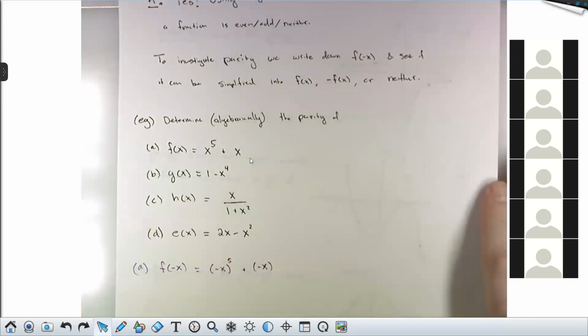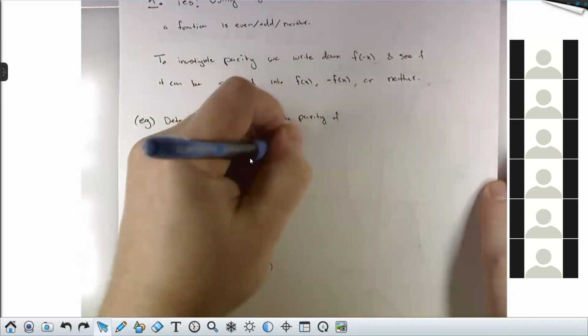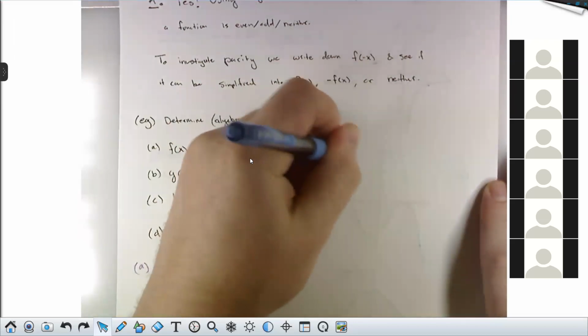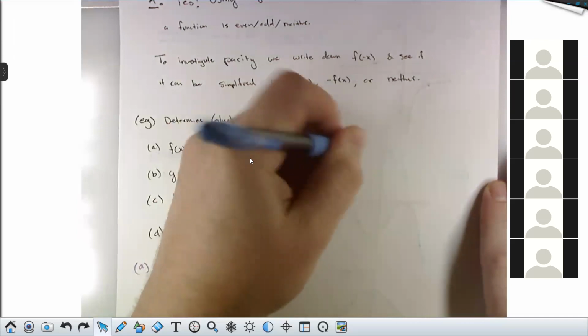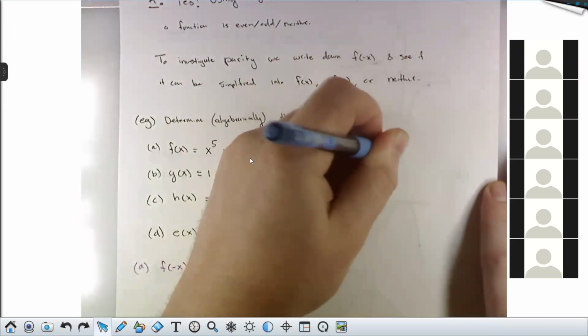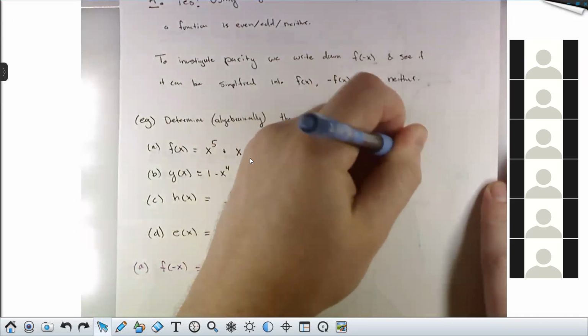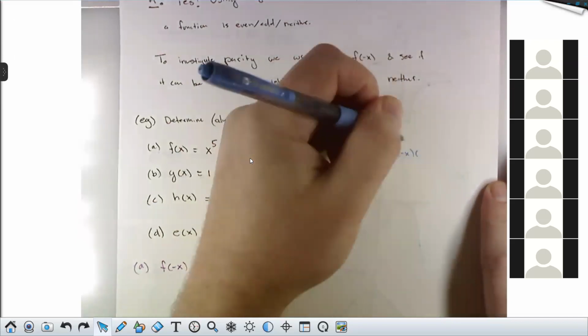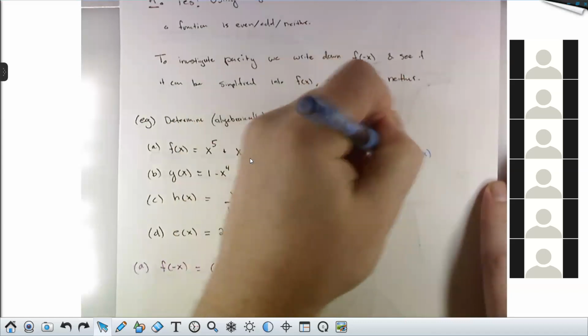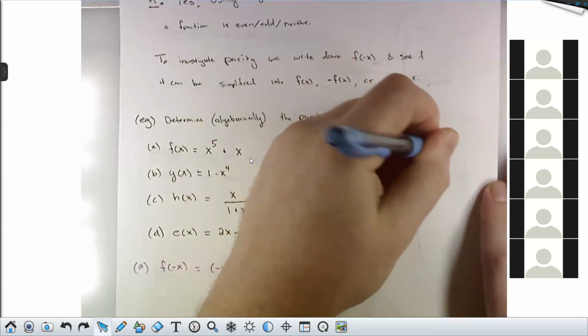The negative of x to the 5th power, that's negative x times negative x times negative x times negative x times, one more, right? 1, 2, 3, 4, negative x.